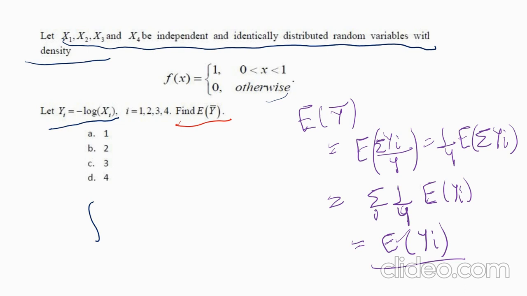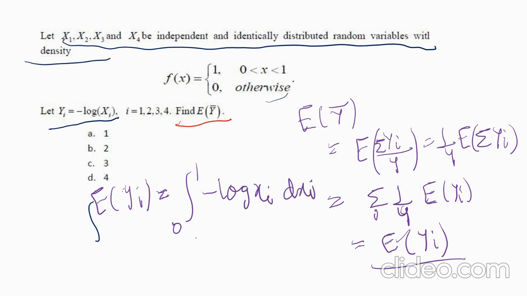Now we can find the expectation of yi. The expectation of yi is minus log xi, so we do it in terms of minus log x and put the value of f(x). It will be the integral of minus log x times 1 dx.